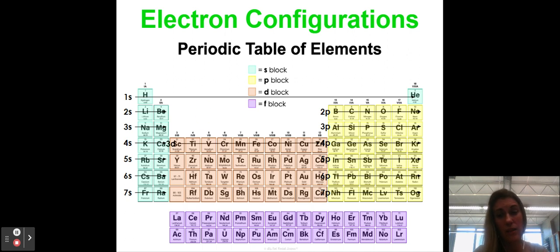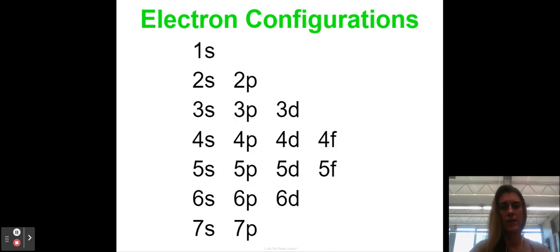All right, in the middle, 3d actually is in the 4th row. Let's talk about that later, but we'll go ahead and label this 3d, 4d, 5d, and 6d. And then on the bottom, 4f and 5f. This is also just another reference to help you remember the order that it fills.